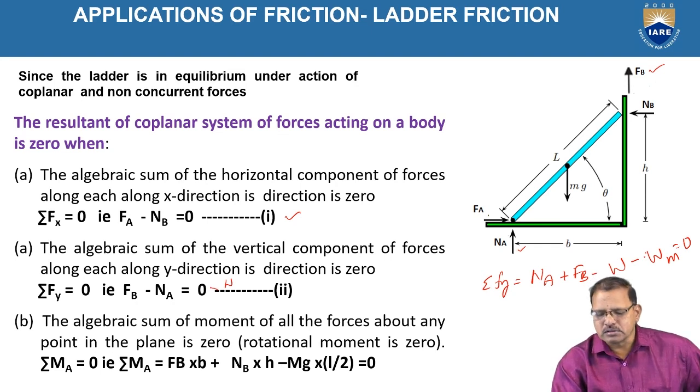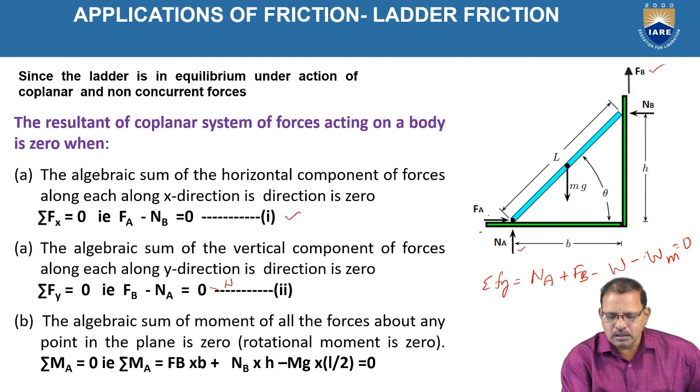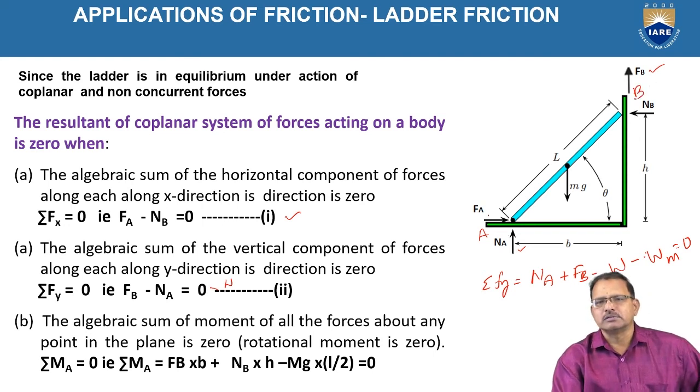And the third equation is that the moments created by the forces at any point should be equal to 0. The suitable point may be A or B, where there are two unknown forces.